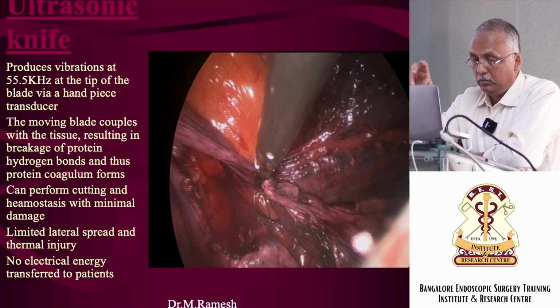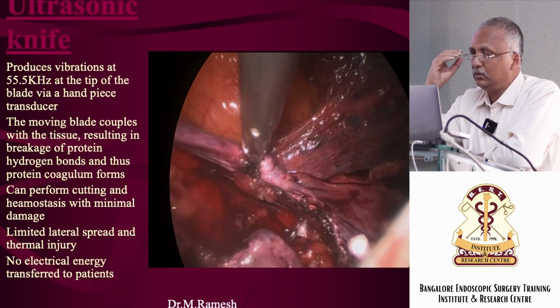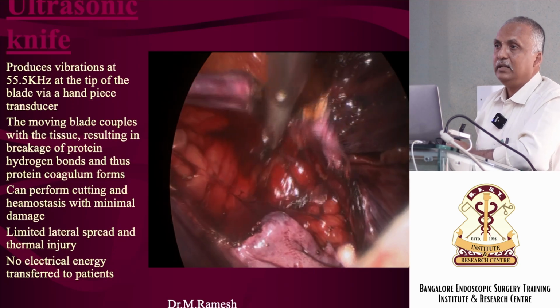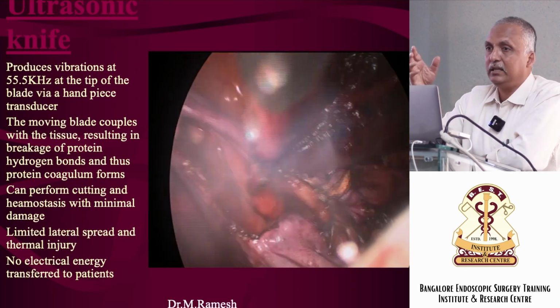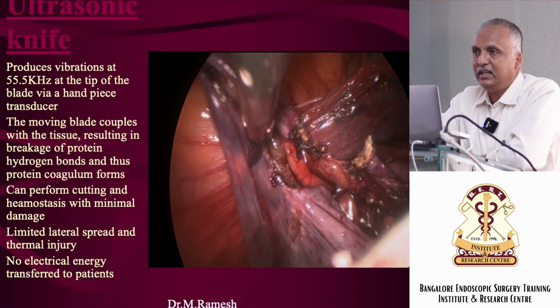machine probe. But in ultrasound, supposing you are doing an ultrasound of the abdomen, you have crystals which vibrate at 3.5 megahertz. Can you translate that? 3.5 megahertz is 35 lakh hertz.